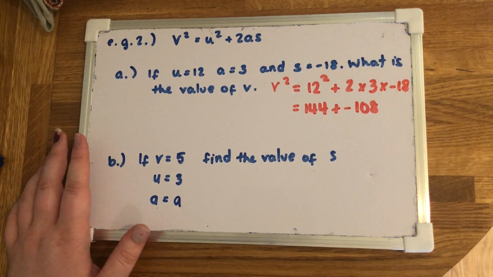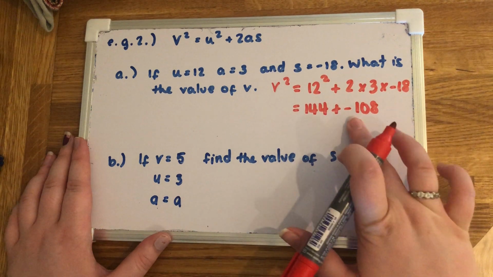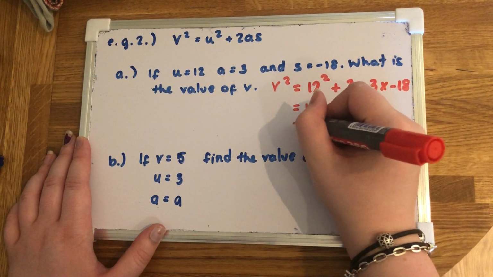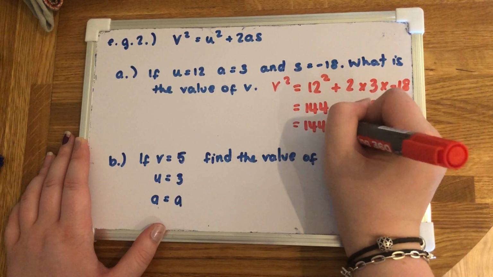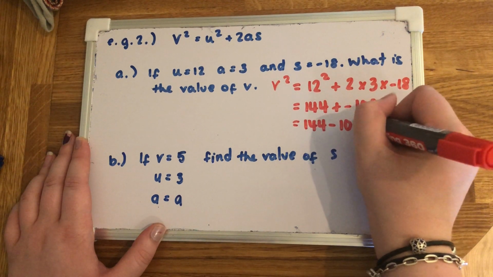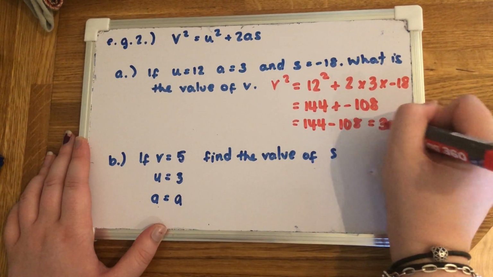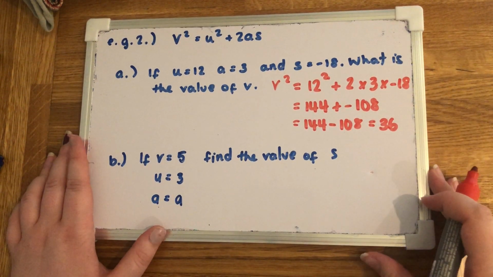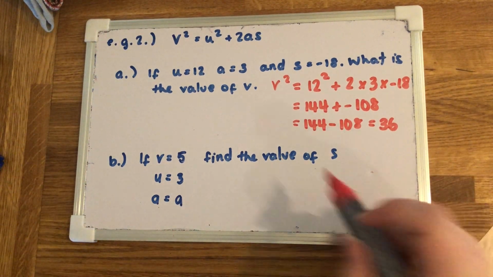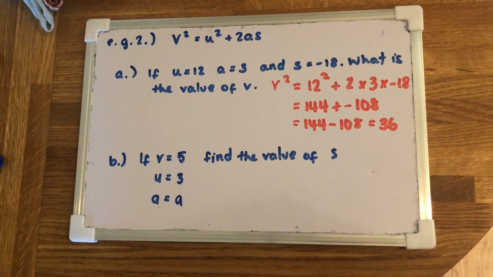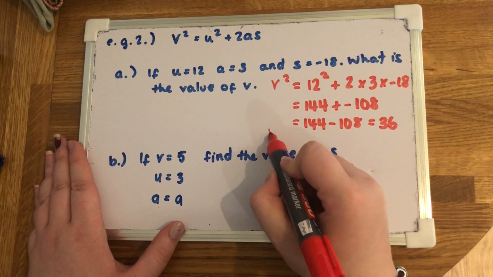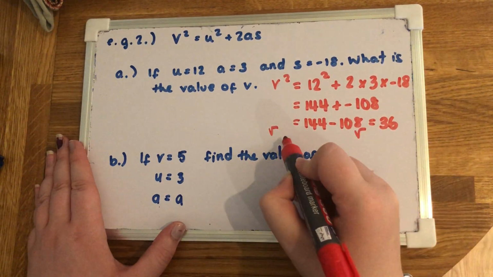Again, if you're adding a negative on, all you're going to be doing is just subtracting it, which is 36. But we've not actually finished it, because we only want v, we don't want v squared. So what we do is, to finish off, we need to square root the answer.